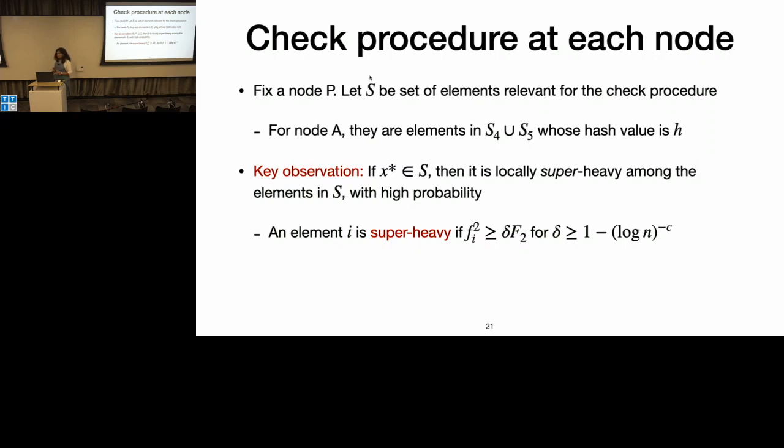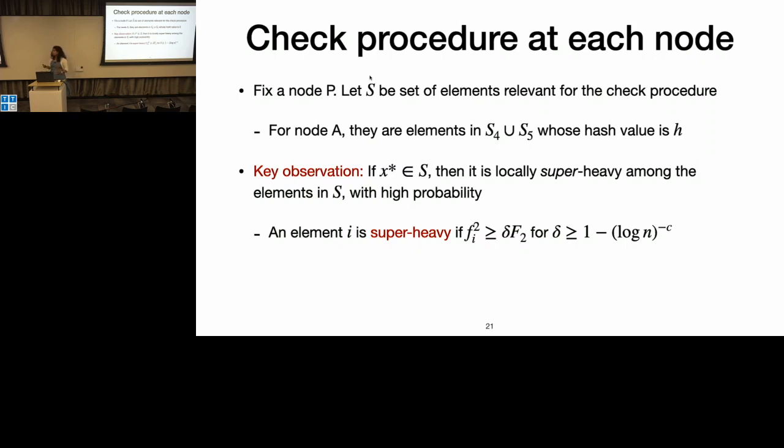Here's our key observation. If the heavy hitter X star belongs to the set S of relevant elements that we're going to be checking, then it's locally super heavy among these elements, which helps us figure out what X star is in the space that we want. Super heavy elements, how we define them is just that these are elements where the delta is at least 1 minus 1 over polylog n.